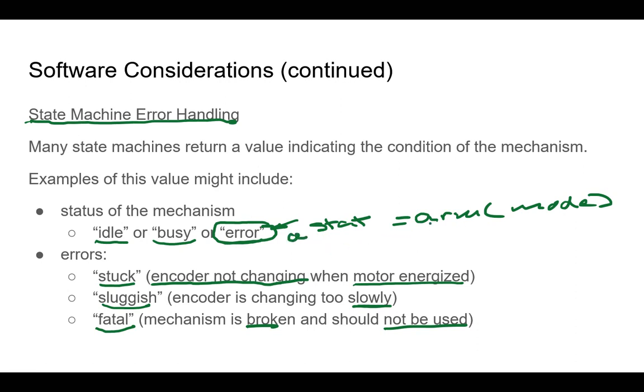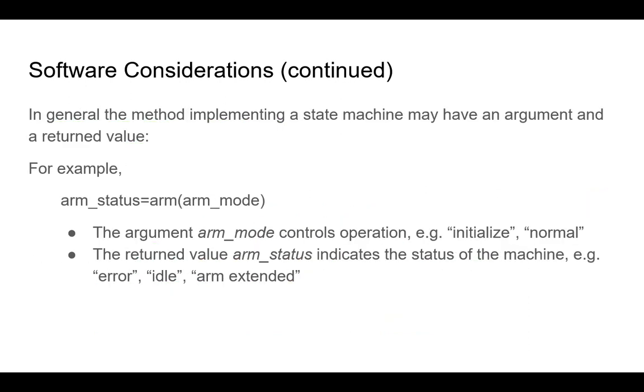This initializes the state machine or has it run normal. The status is something that the main program, that 20 millisecond loop, can look at and determine what to do with the robot.